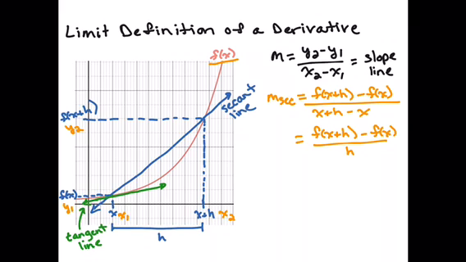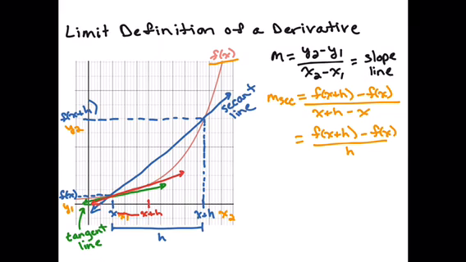Let's look and see what happens if I draw another secant line where my h is a smaller distance away from my original x. The slope of this secant line is a lot closer to the slope of my tangent line than my original secant line was.